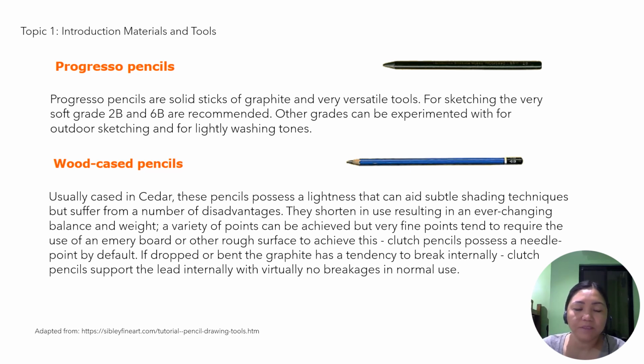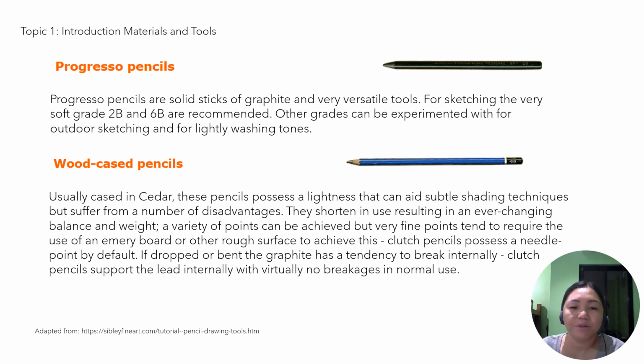Wood case pencils, usually cased in cedar. These pencils possess a lightness that can aid subtle shading techniques, but suffer from a number of disadvantages. They shorten in use, resulting in an ever-changing balance and weight.